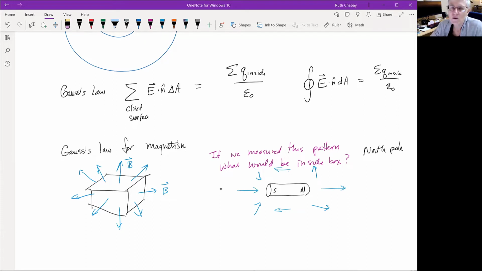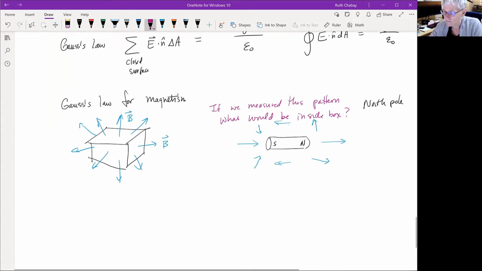And you would get a Nobel Prize if you found this, because as far as we know, it's impossible. As far as we know, magnetic fields are always made by dipoles. And there are no North Poles and South Poles all by themselves.